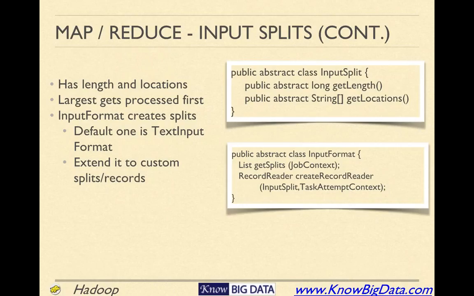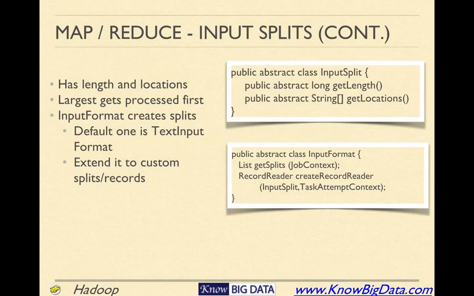So it breaks down the file by \n and creates a record for each line. A bunch of the records become the input split. So this is our default input split.